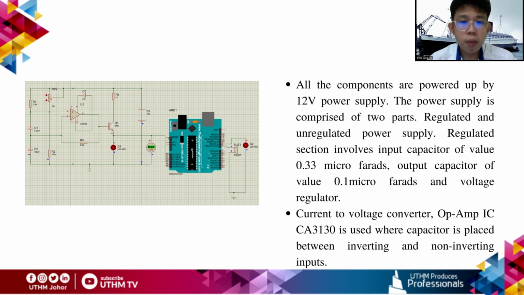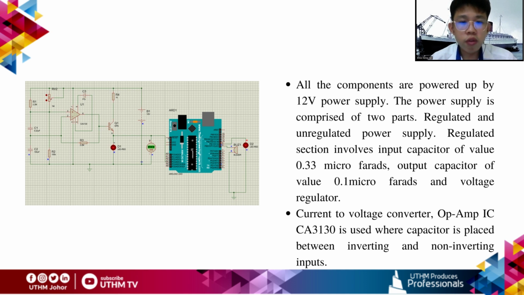All the components are powered by a 12 V power supply. The power supply is comprised of two parts, regulated and unregulated. The regulated section involves an input capacitor of value 0.33 microfarads, an output capacitor of value 0.1 microfarads, and a voltage regulator.